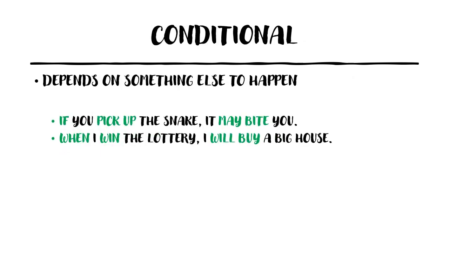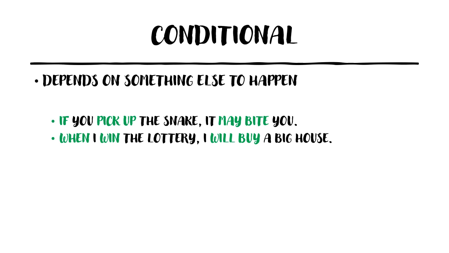The conditional mood means that something else has to happen before this can happen. If you pick up the snake, it may bite you. When I win the lottery, I will buy a big house. For the first sentence, picking up the snake is the conditional action that leads it to bite you.